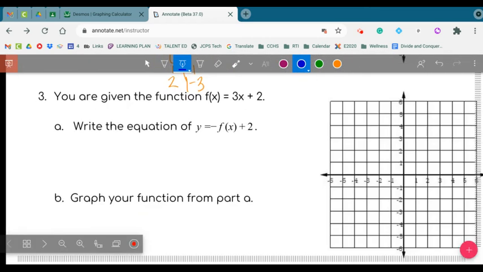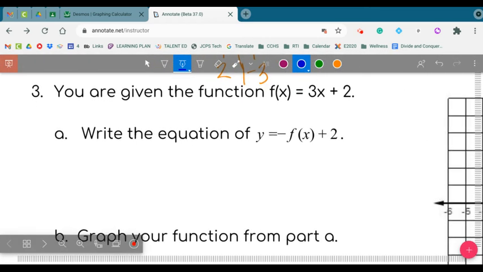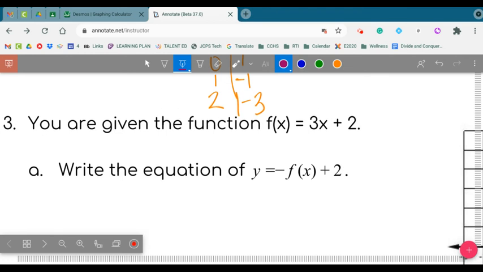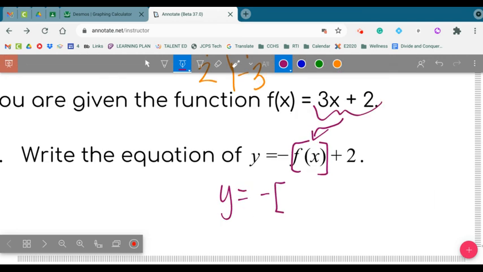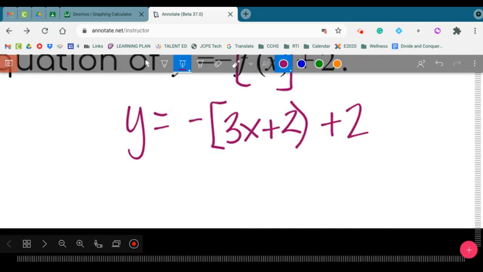Okay, next example. It says you are given the function f of x equals 3x plus 2. So this is what we're going to have to plug in. And we have to apply y equals -f of x plus 2. So we are replacing the f of x here. There's a negative sign in front of it, so we cannot forget about it. So y equals negative, we're going to do 3x plus 2, and then plus 2 on the end.